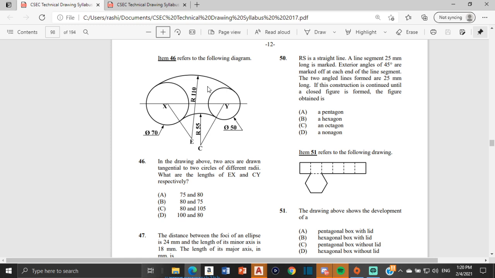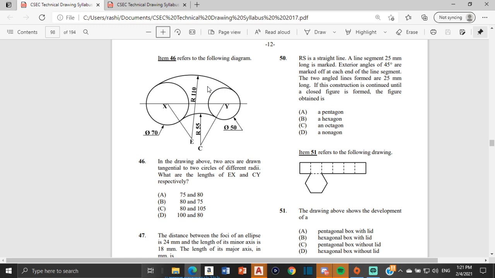The radius of the arc right there is 110, and the diameter of the circle is 70, which means the radius would be 35, because 70 divided by 2 is 35. So it's 110 minus 35 equals 75.